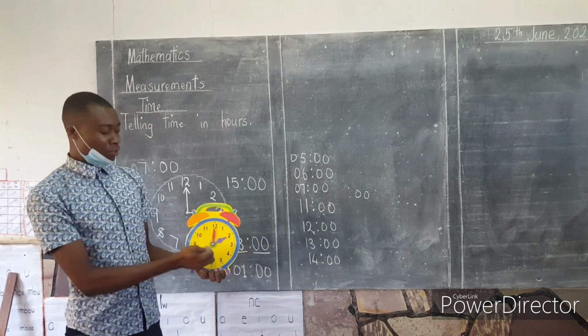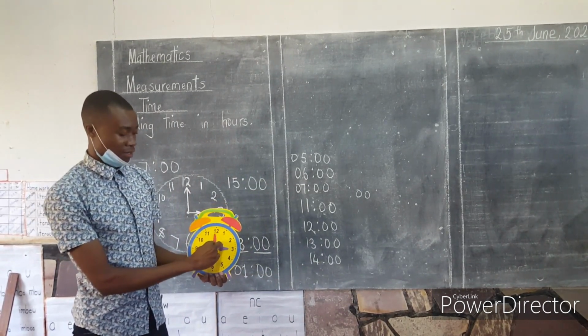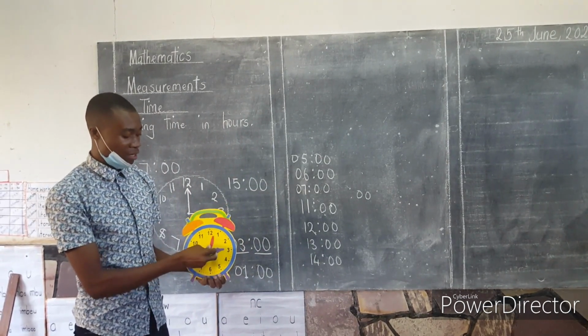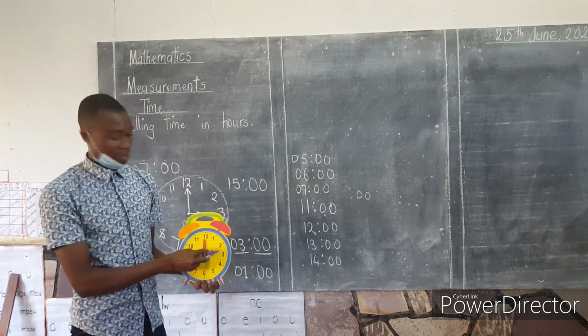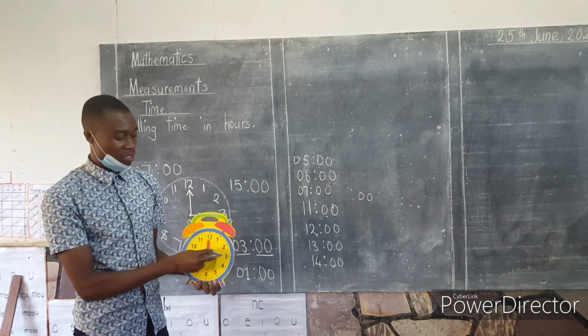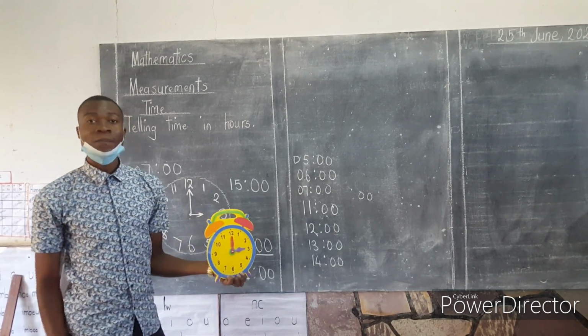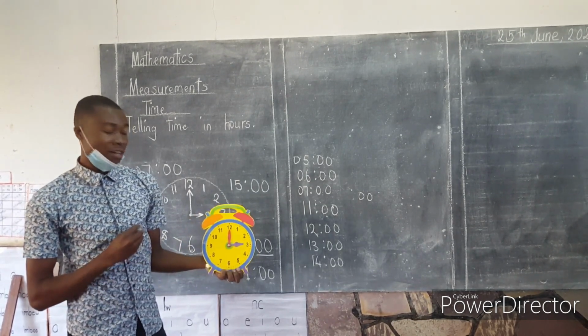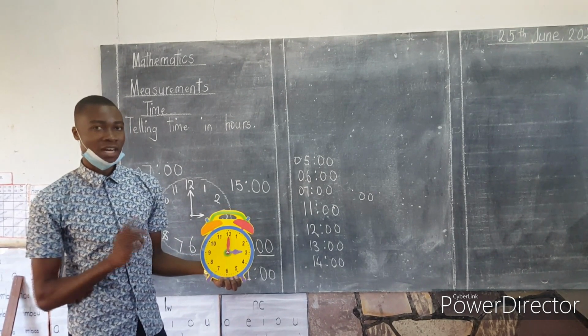Then if it moves to 3, the time which is shown on the clock there is 15 hours. How do I know?